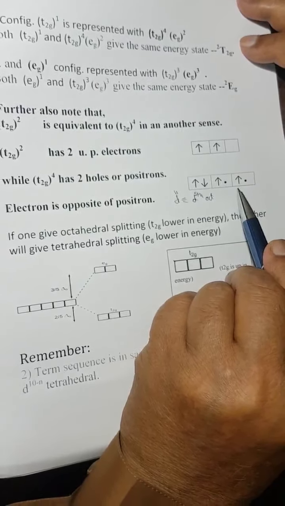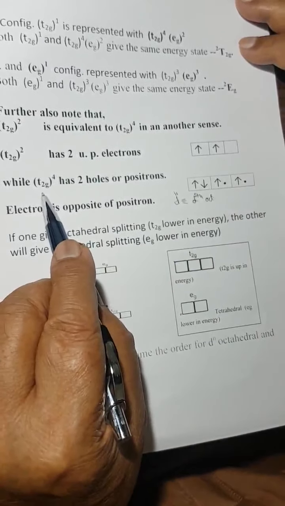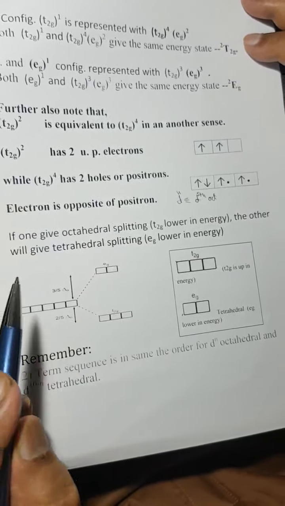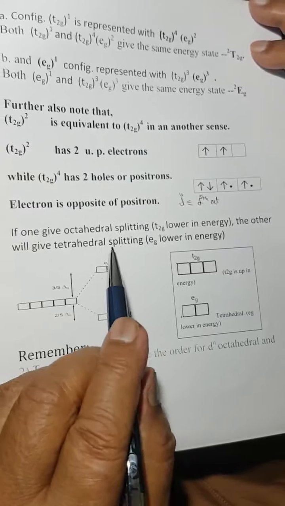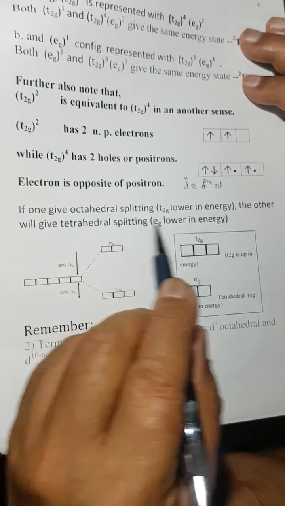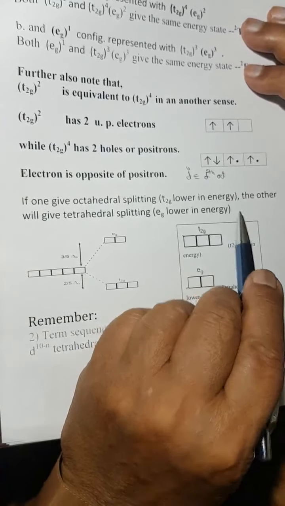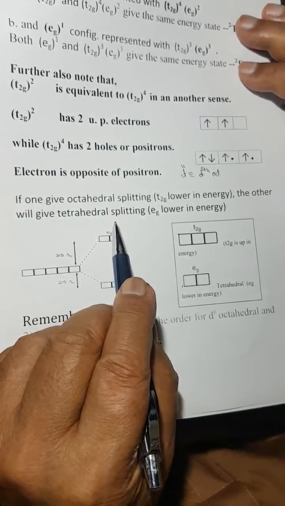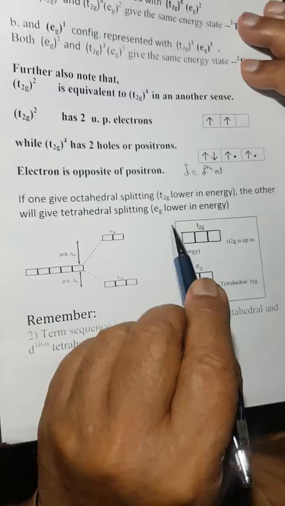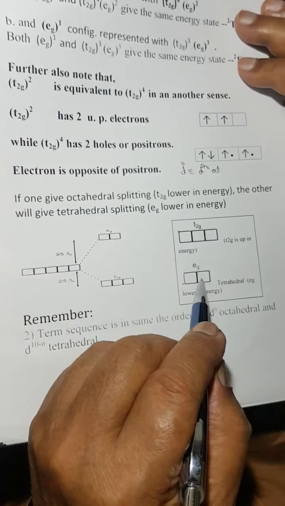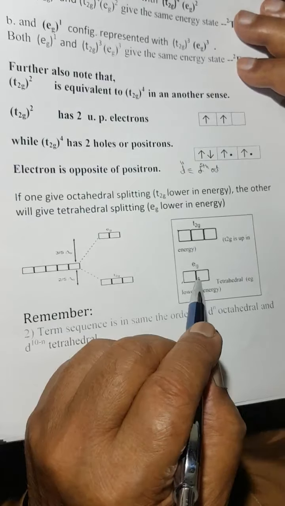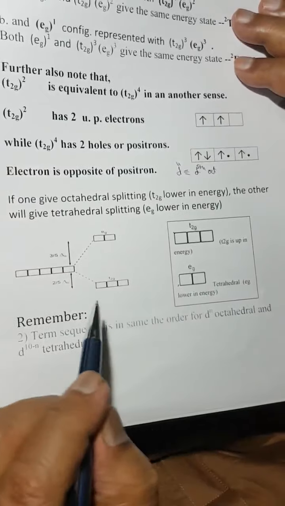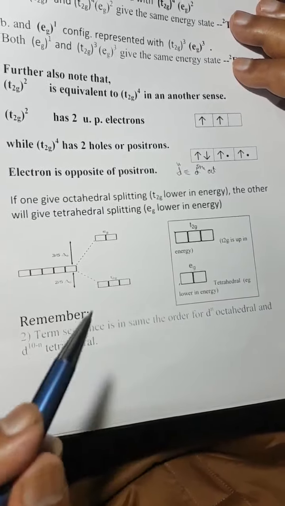tetrahedral of T2g4. If one gives octahedral splitting with T2g lower in energy, the other will give tetrahedral splitting in which Eg is lower. See this one, this is lower, this is tetrahedral, and this is octahedral, T2g is lower.